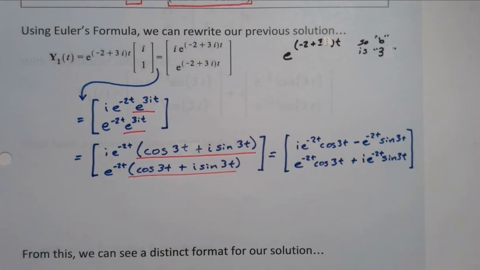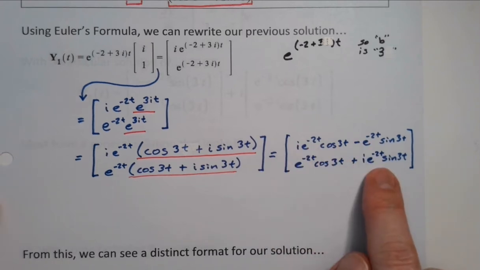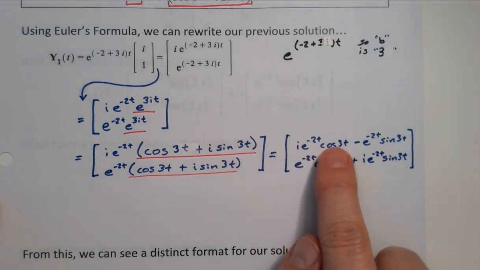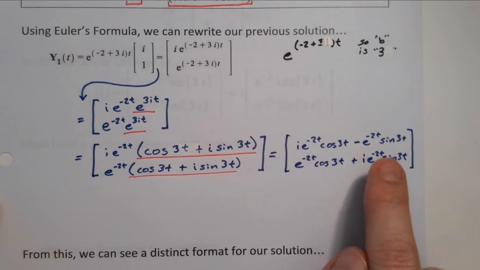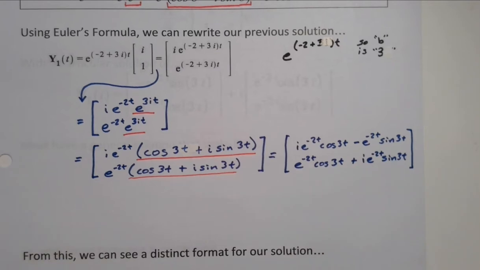But if you pay attention to each one of the terms, every single one of these terms has an e to the minus 2t going on. And only this one in the top element, and only this one in the bottom element, have an i factor.